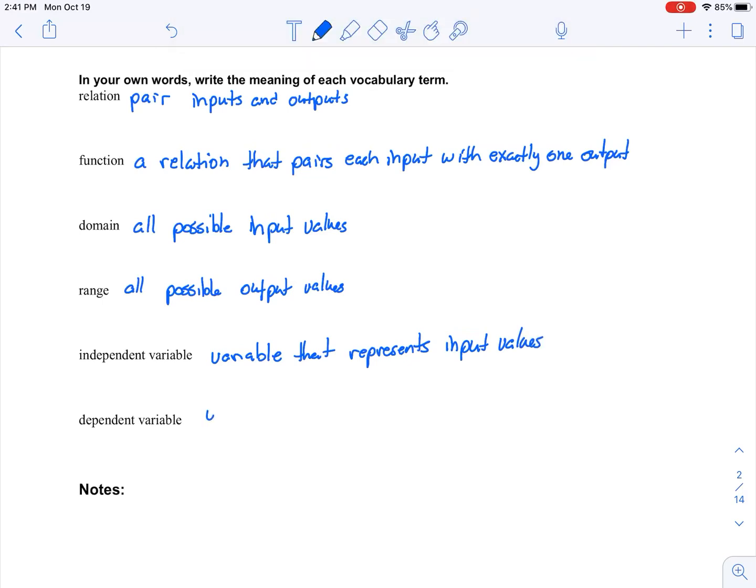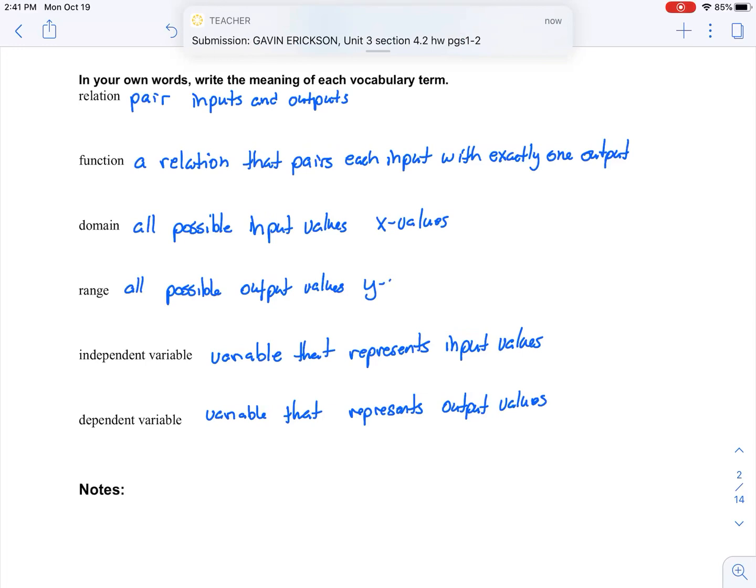And the dependent variable is going to be the variable that represents output values. Now up here when we talk about a relation, my domain is going to be all my x values, and the range is going to be all my y values.